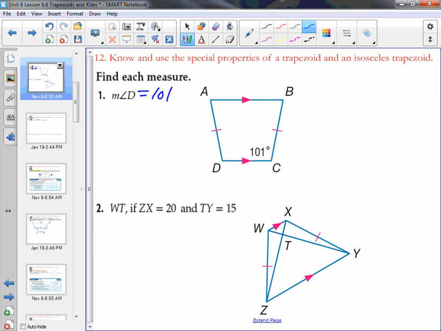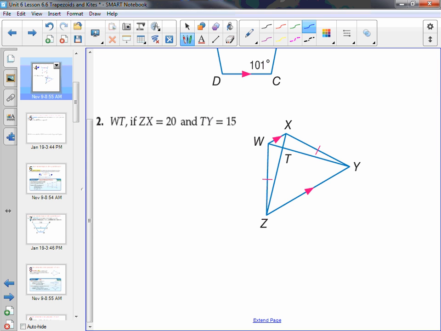Look at number 2. We're supposed to find the length of WT if ZX is 20, so that's this diagonal, and TY is 15. TY is this portion of the other diagonal. Now, what kind of trapezoid is this?